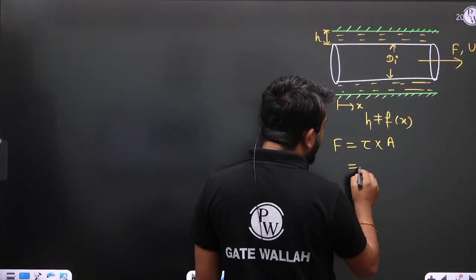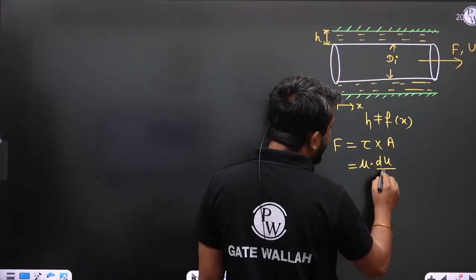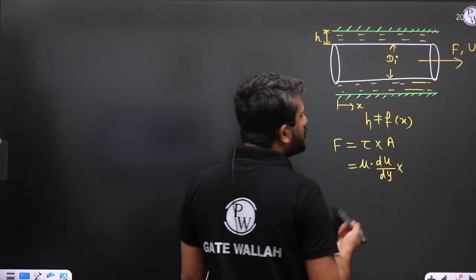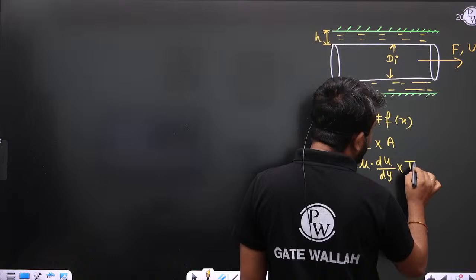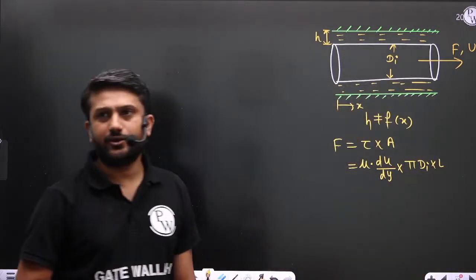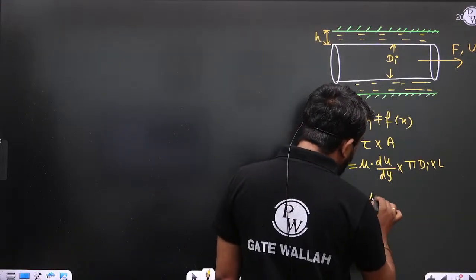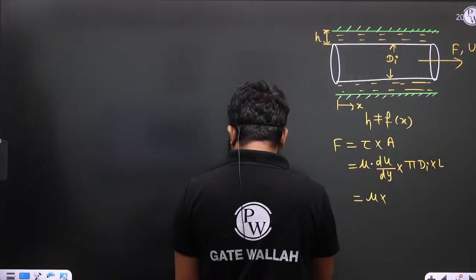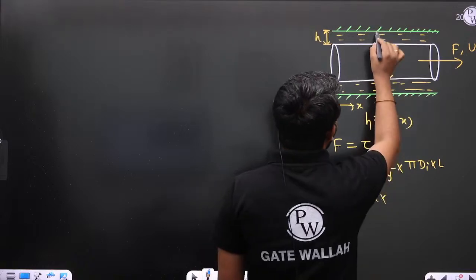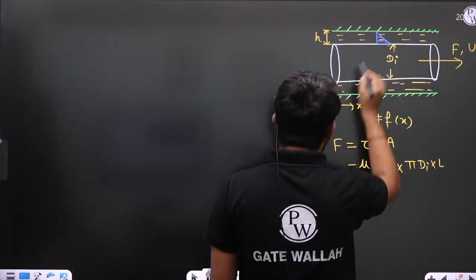And tau you can write, from Newton's law of viscosity, mu du by dy into the area. So that area is nothing but pi di into L. If the velocity profile is not mentioned, then we can consider a linear velocity profile in the lubricant.